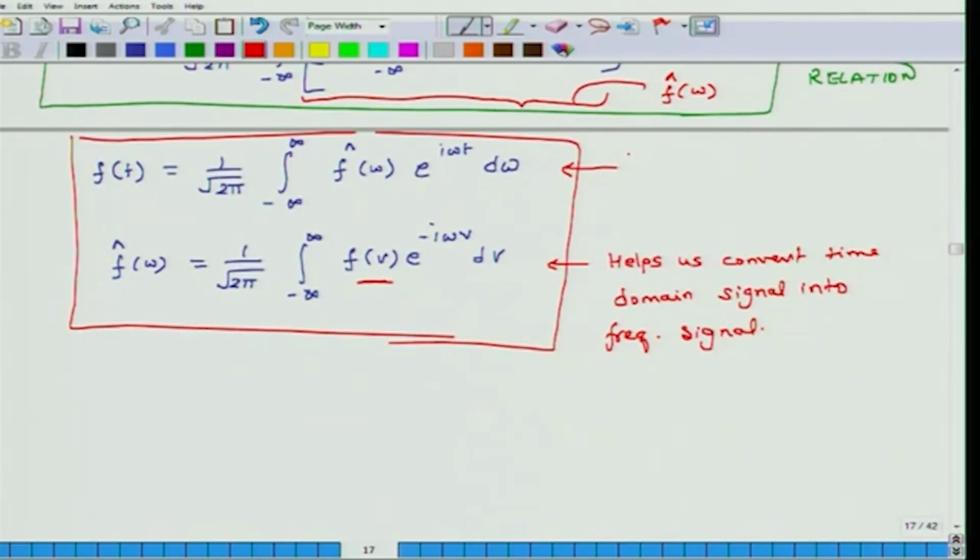So that's why it's known as inverse transform. So this helps us convert frequency domain signal to time domain.